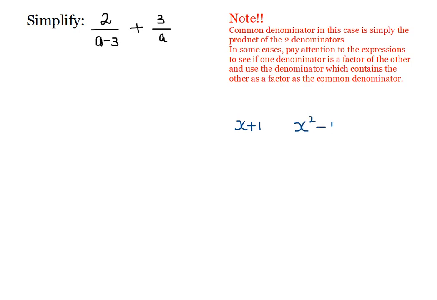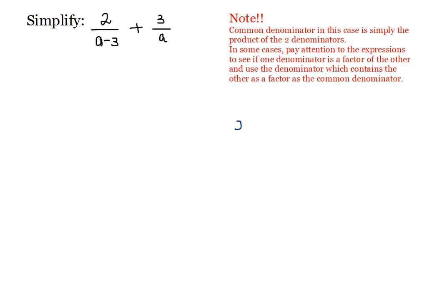If you are familiar with quadratics and you know how to factorize quadratics and the types of quadratic expressions you can encounter, you will know that this is what we call a difference of two squares, and this difference of two squares actually contains a factor of x plus 1, so we could use x squared minus 1 as our common denominator, but we're not looking at things like that right now. We're just going to work with the one that we have here.